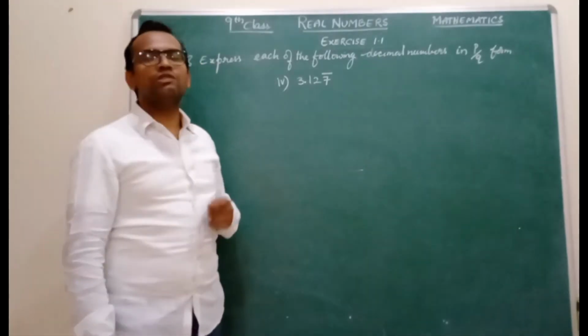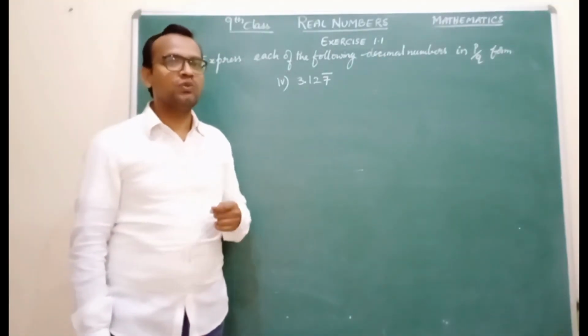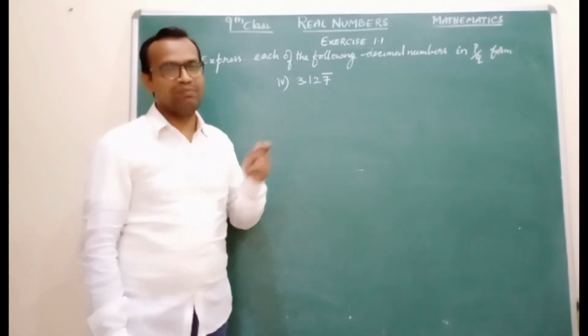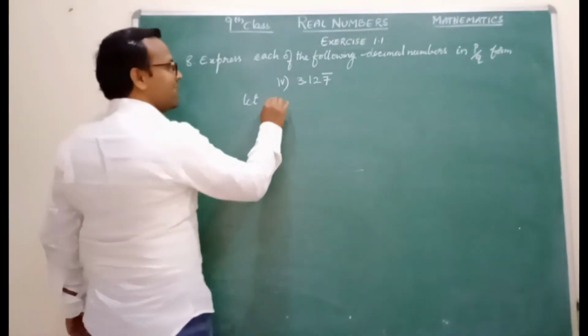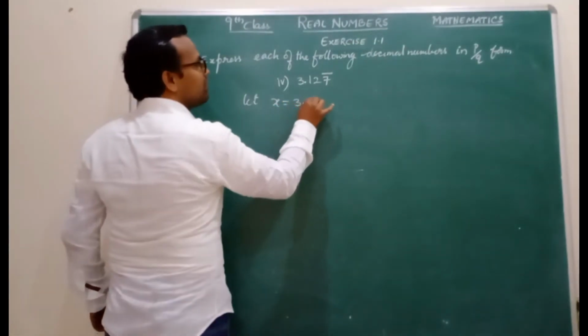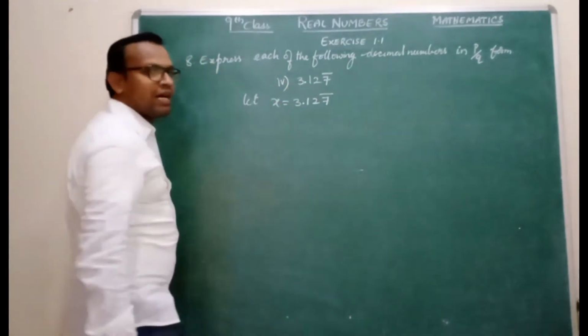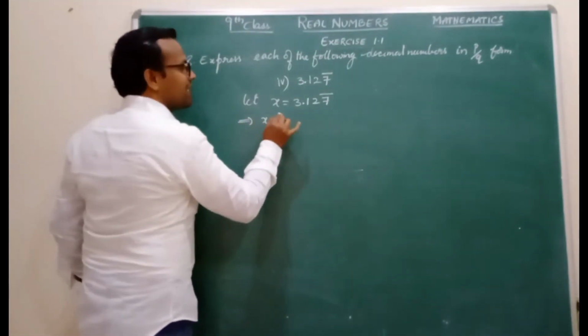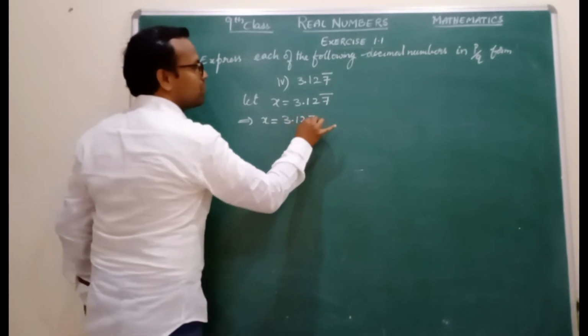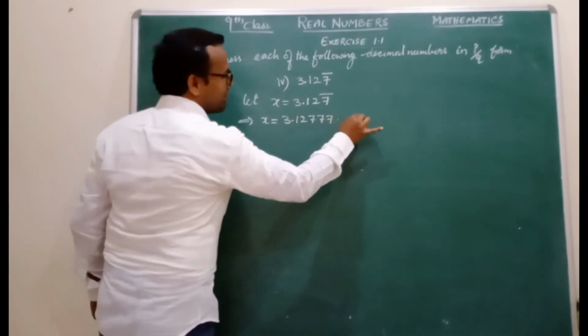In this bit, the fourth one is 3.127 bar. So 7 is having bar. So the first step here is let x is equal to 3.127 bar. See, you can write it as x is equal to 3.127 and 7 so on.